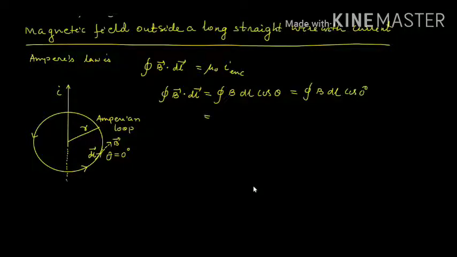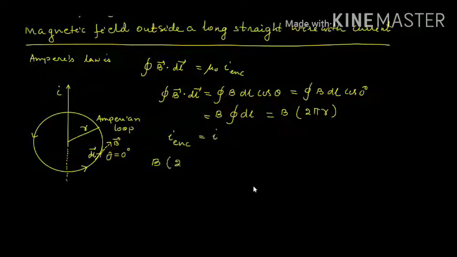Cos 0 is 1 and the magnitude B is constant, so it is taken outside the integral. So B times the integral of dl. The integral of dl on this Amperian loop is the circumference, 2 pi r. So B times 2 pi r. And the current enclosed, I_enc, by the loop is I.